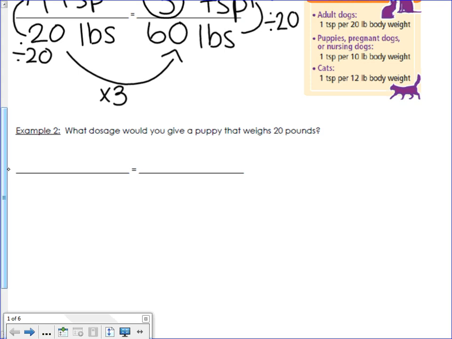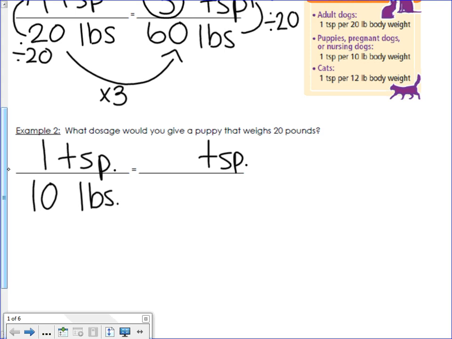So I'm going to go ahead and fill in my first ratio. Remember that we need to use our units. So I'm going to label 1 teaspoon, and I'm going to label 10 pounds. I'm going to go ahead and label the other side of my proportion so that I know that I write my numbers in the correct spots. All right, so now we can solve this problem going between or within.